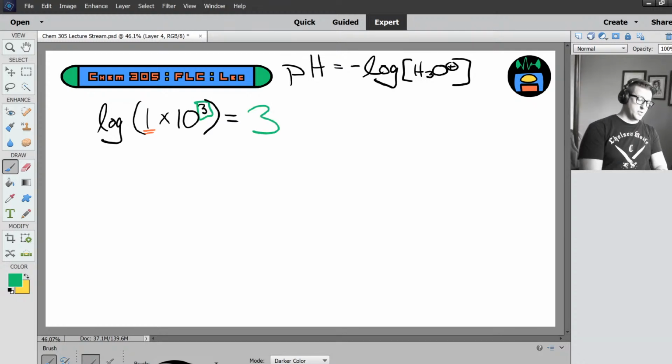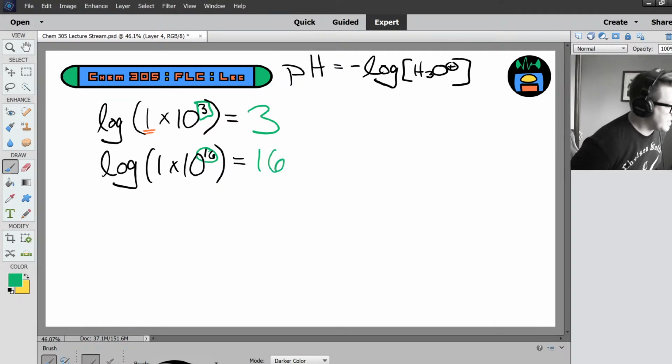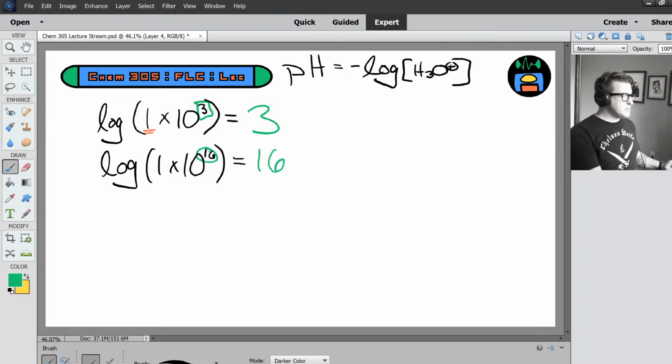So the logarithm of 10 to the third is 3. The logarithm of 1 times 10 to the 16th, again, is just equal to 16. So it expresses intermolecular forces.